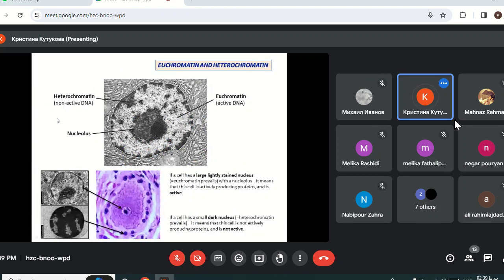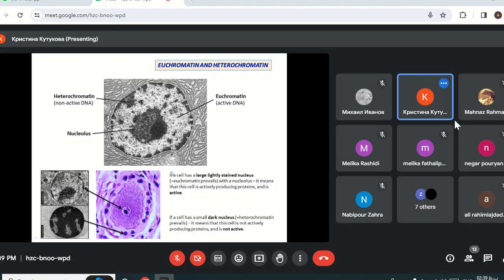It is non-active DNA. So some cells will have a lighter-looking nucleus with a lot of euchromatin, with a lot of active DNA, and some cells will have a smaller, darker, and densely packed nucleus.